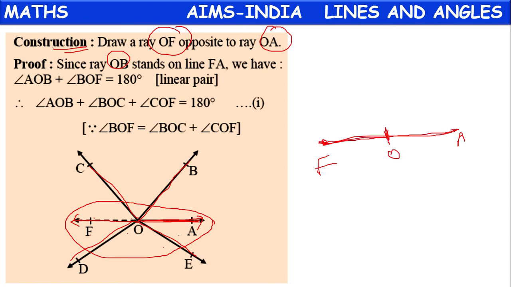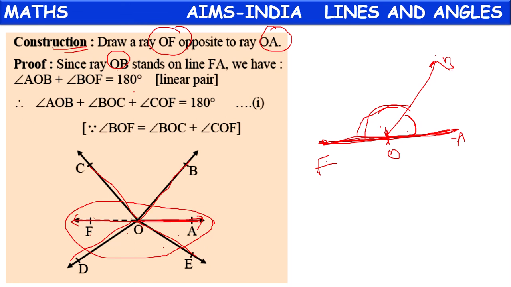Now, if we take only the OB ray, this OB ray is standing on this FA line. So AOB and BOF form a linear pair because they are standing on a straight line. So these two adjacent angles form a linear pair.